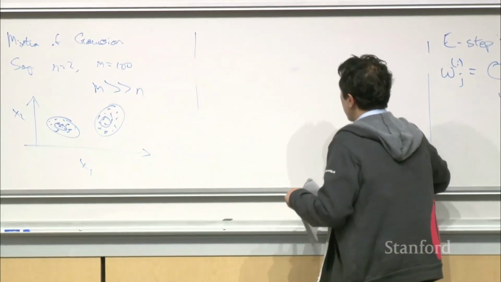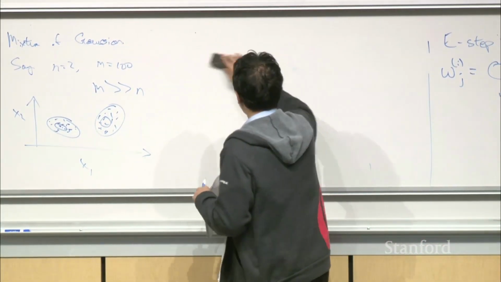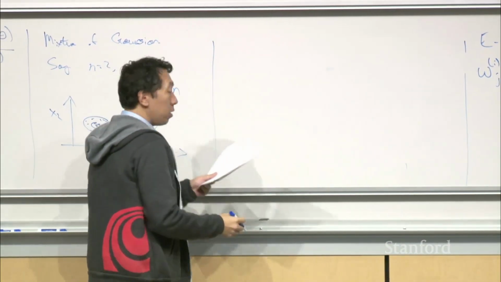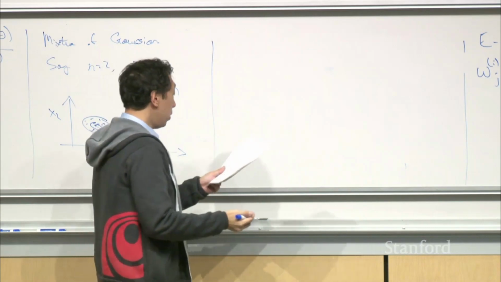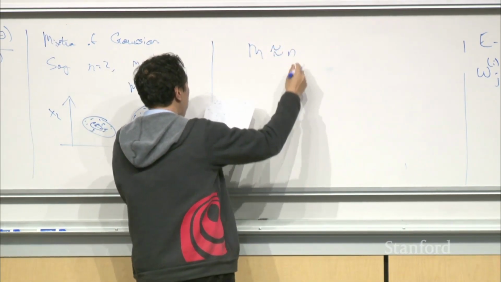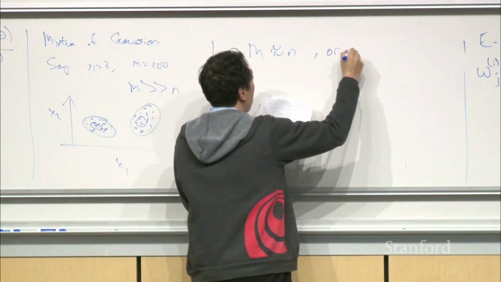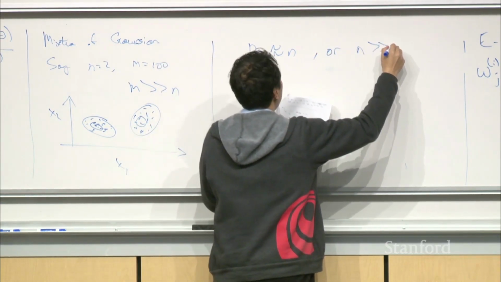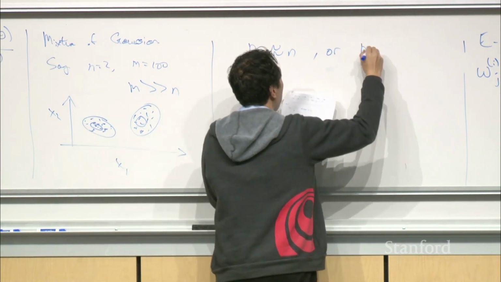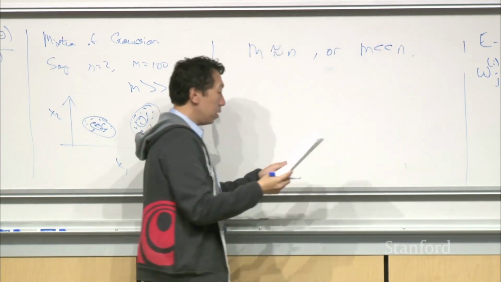Where I would not use a mixture of Gaussians, and where you'll see in a minute factor analysis will apply, is maybe if m is about similar to n, or even n is much larger than m, or even m is much less than n.